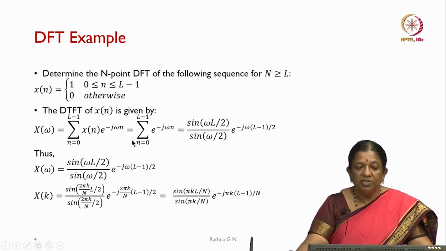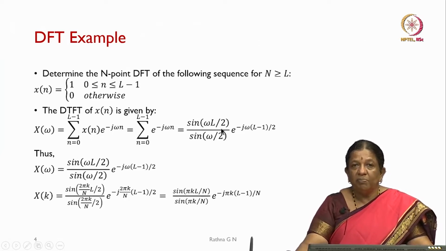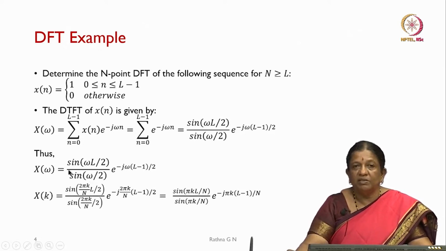So the sum for n = 0 to L minus 1 of e^(-j omega n), which we represent as sin(omega L/2) divided by sin(omega/2), times e^(-j omega (L minus 1)/2). So that is what our equation for X(omega) is. I think something must be boggling in your mind. We call this a sinc function.